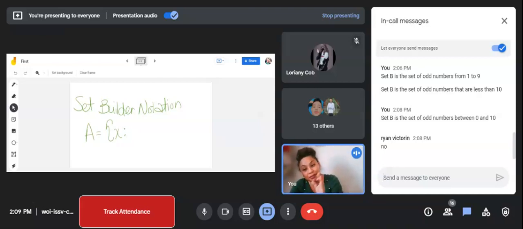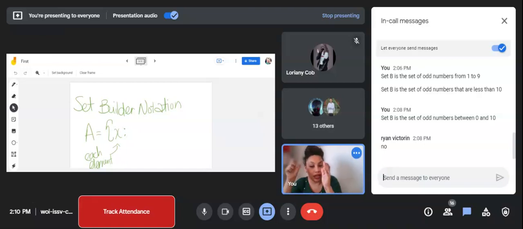So as I was saying, set builder notation has the name of the set, which is the A, the curly brackets, it has the X. Now, this first X represents each element in the set. So if the set has five numbers or five things in there, each of those is going to be the X, right?